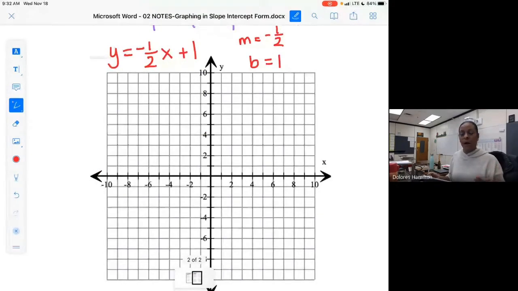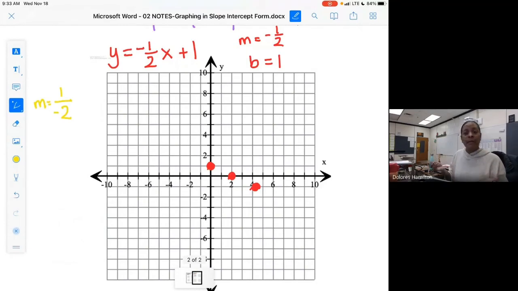We've got our b, that's 1, that's the y-intercept. So I'm going to start my graph at the point 0, 1, and m is negative 1/2. So we can go down 1, that's negative 1, and to the right 2. Down 1, and to the right 2.